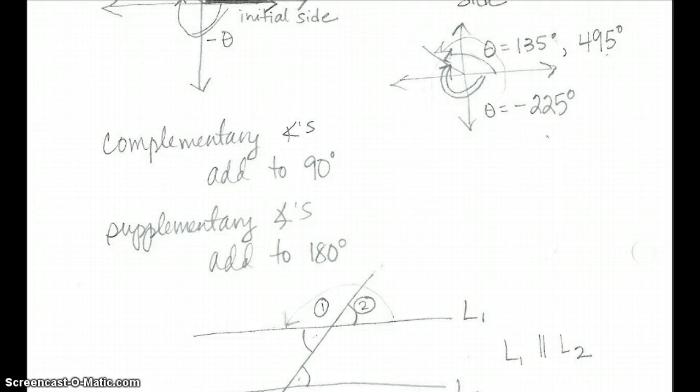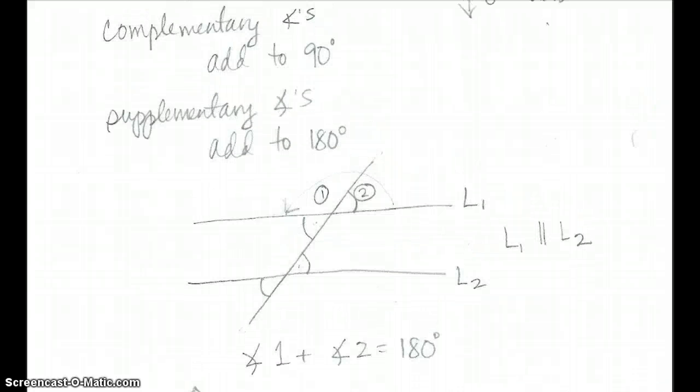And then here's just a brief review of some more geometry concepts. If these two lines are parallel to each other, and we draw that transversal line that cuts through both of them, then we get all these special relationships between the angles.